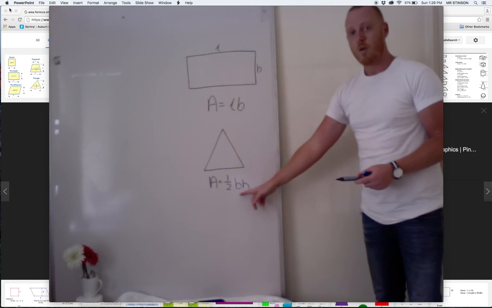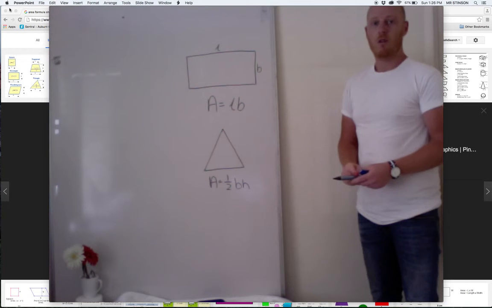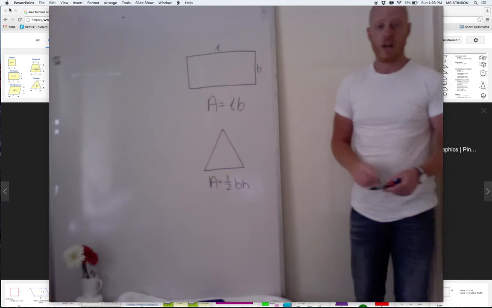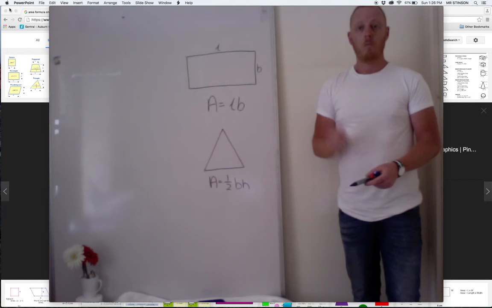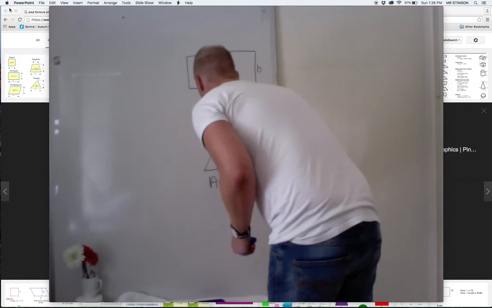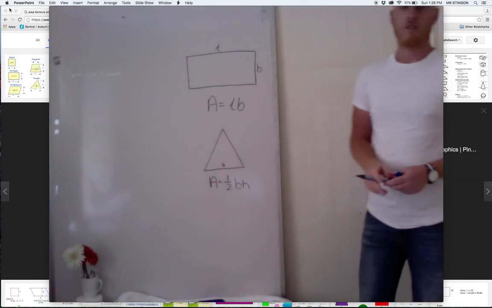In the triangle we have B and H. So, in a triangle, what do B and H stand for? B is the base of the triangle.